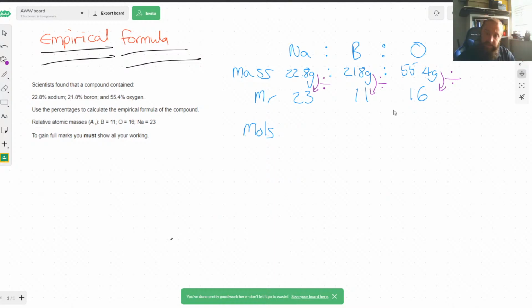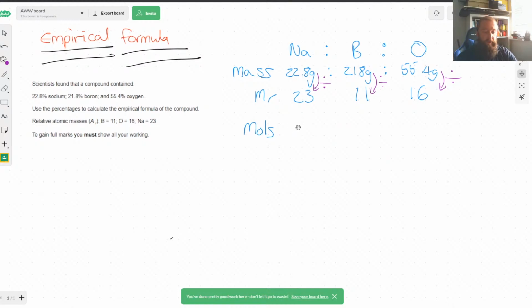I'm going to bring my calculator in. So 22.8 divided by 23. The really important thing when you're doing this is don't round it to too few numbers. So we've got 0.99. I'm actually going to go to 3 on this one. 1.